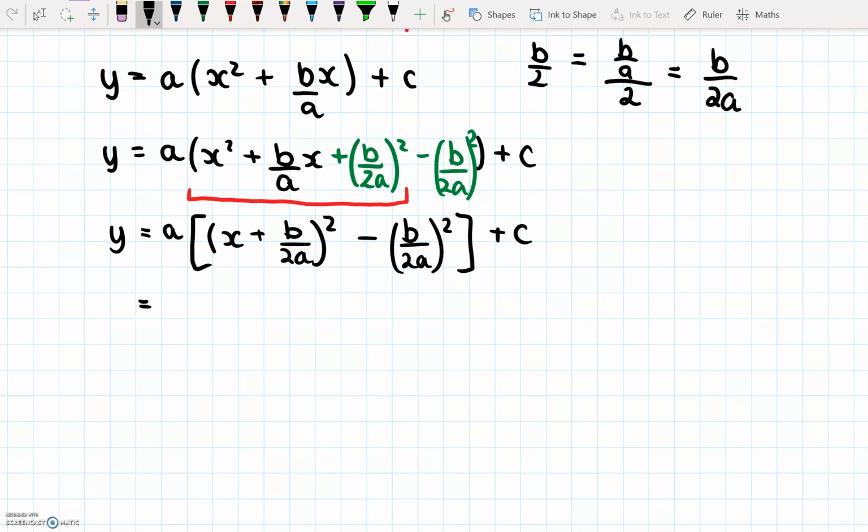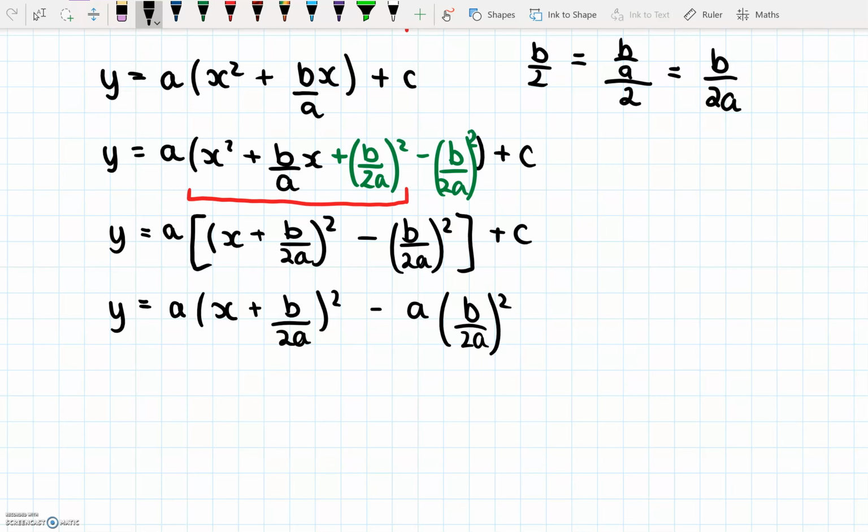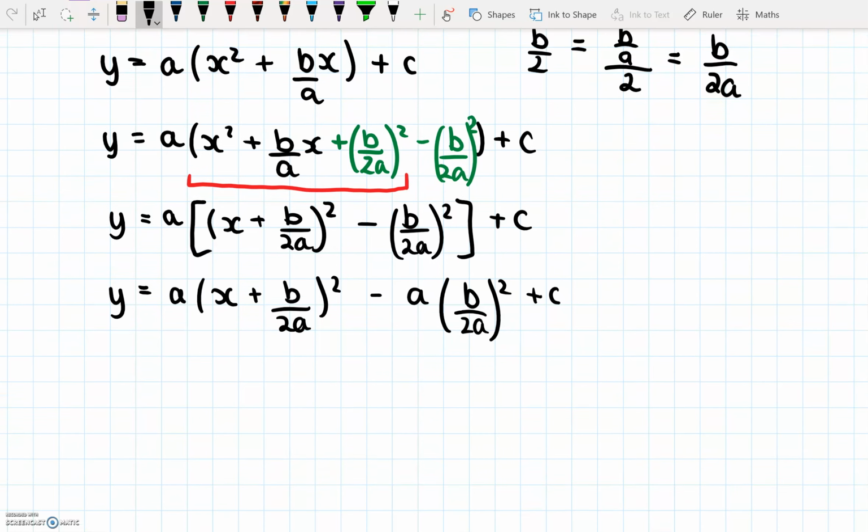What we can do now is expand these big square brackets. To expand that bracket, all we're going to do is multiply the a by both terms. So we have a(x plus b over 2a) squared, minus a times (b over 2a) squared, plus c. Then we can simplify this.